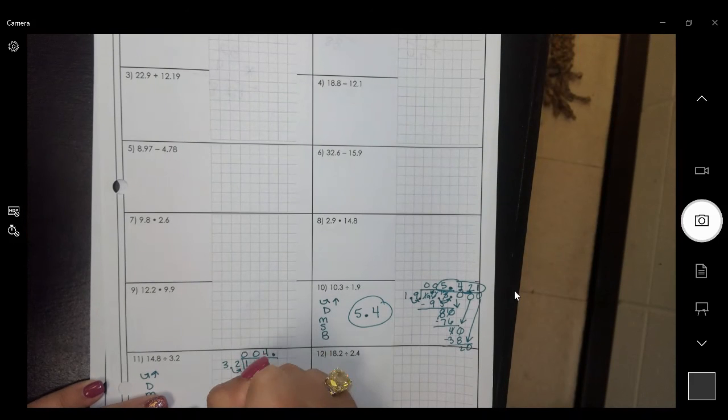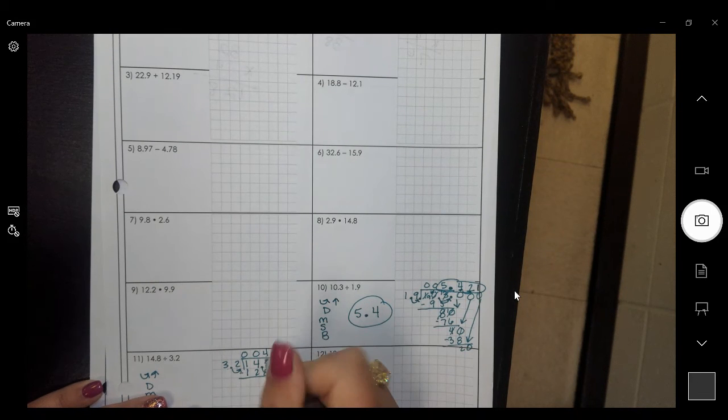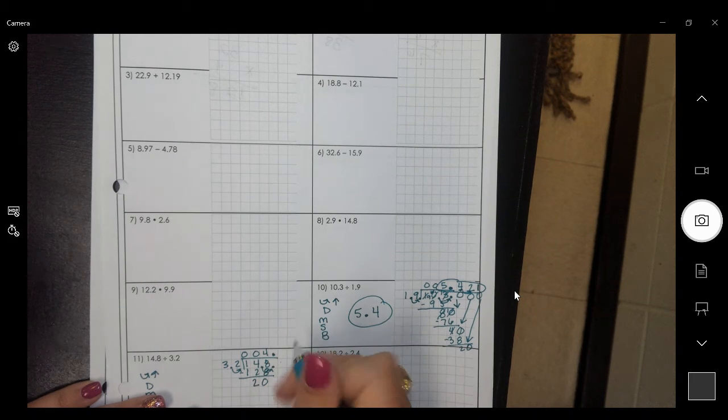So 4 and 128. When I subtract, 4 minus 2 is 2, 0. Alright, there's nothing else to bring down, so I have to add a 0 to bring down.